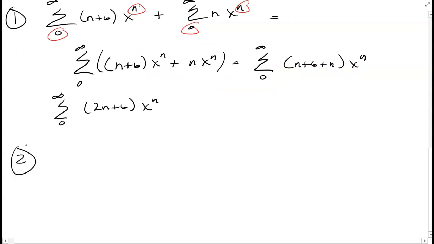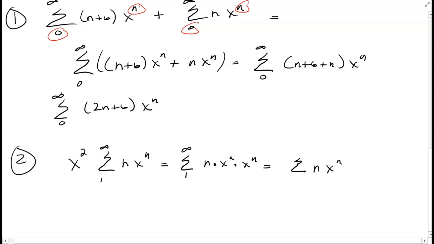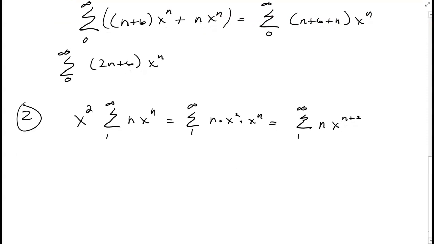All right. That second one we looked at, if I want to take an x squared and multiply it by this series, I can do that by bringing it into the summation, which would then give me... so that one is basically the distributive property, right?